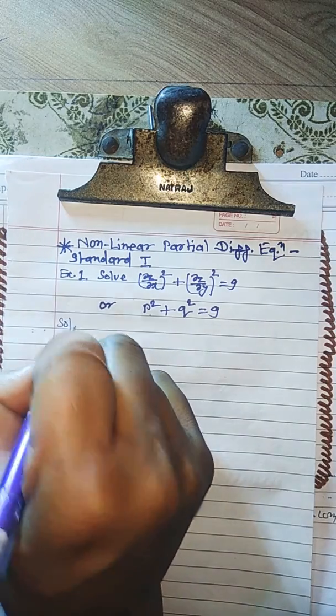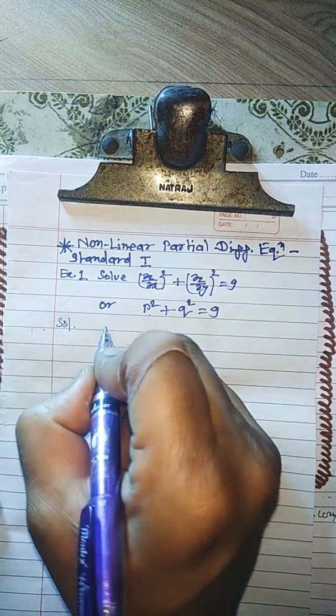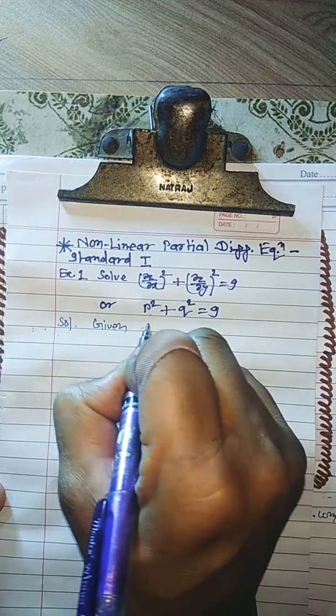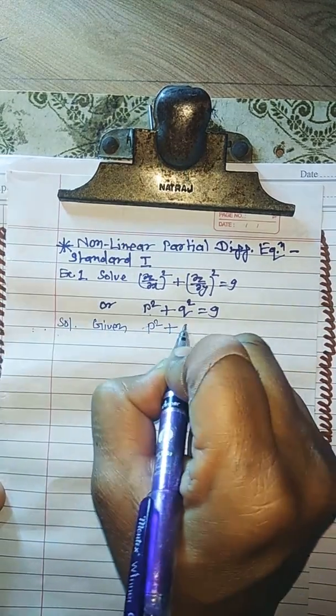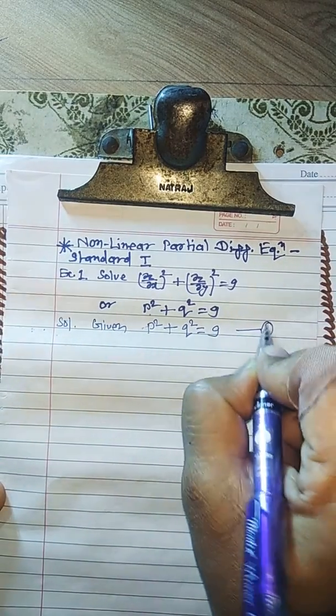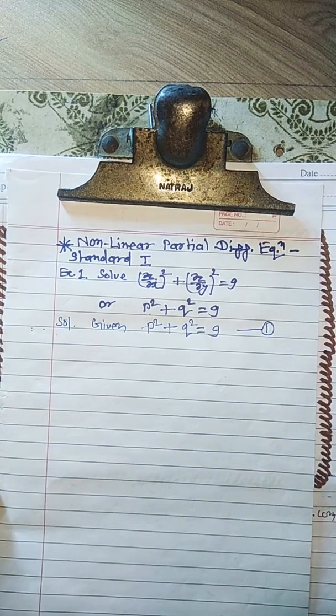Now we solve it. Given equation, what is given? Our given partial differential equation is p square plus q square is equal to 9. This is the given partial differential equation.